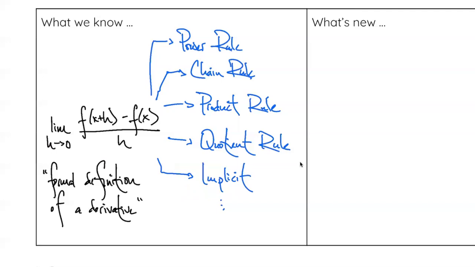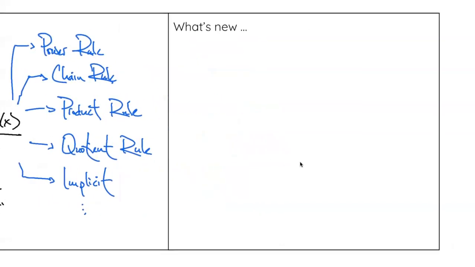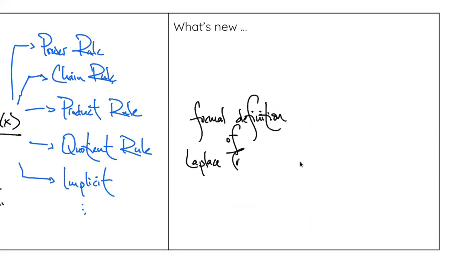Okay, so let's write that down in our what's new section. Today, we're going to be taking a look at the formal definition of the Laplace transform. And there is, I think, one question on your homework this week that asks you to use the formal definition.